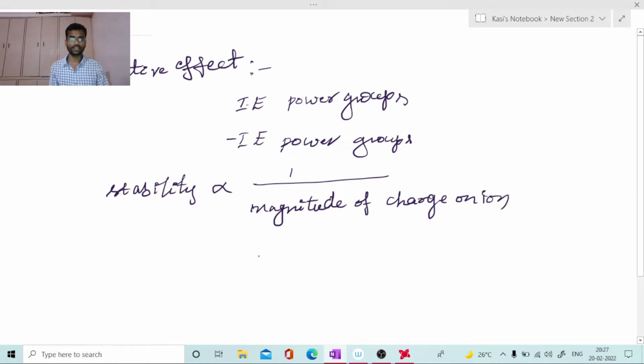If more is the magnitude of charge, it will be less stable. So that is the reason for carbanion stability.